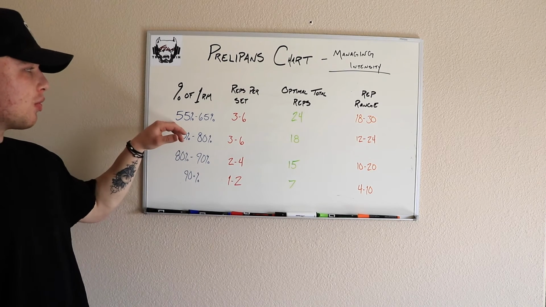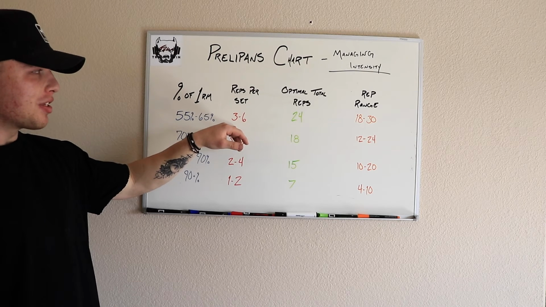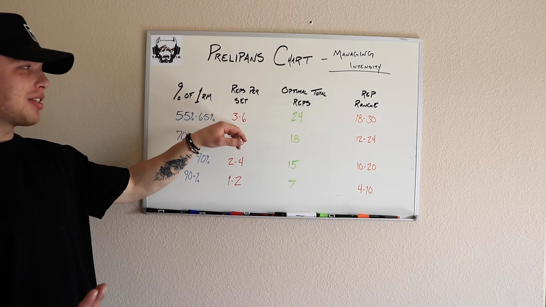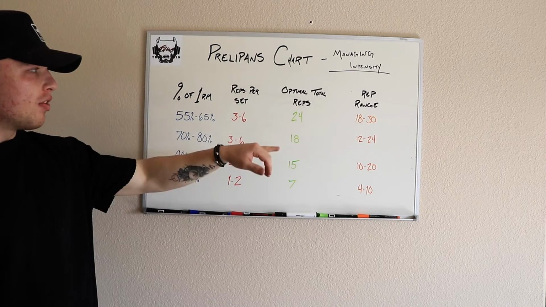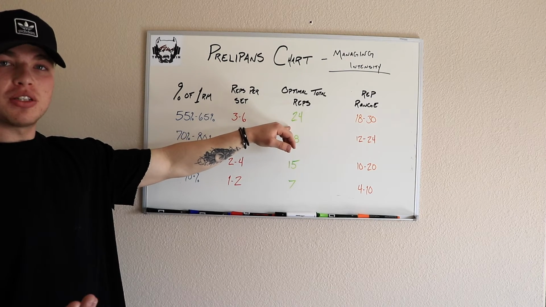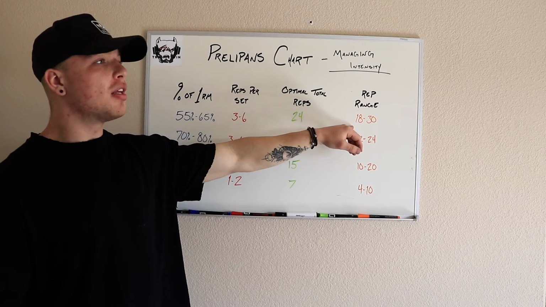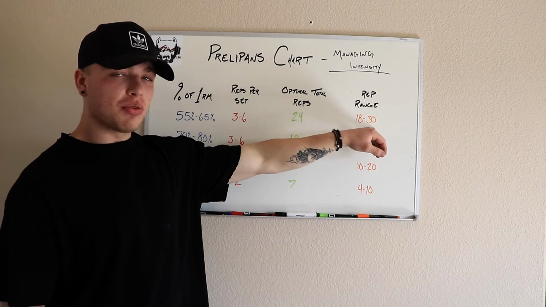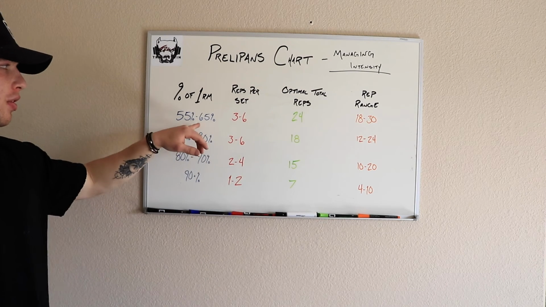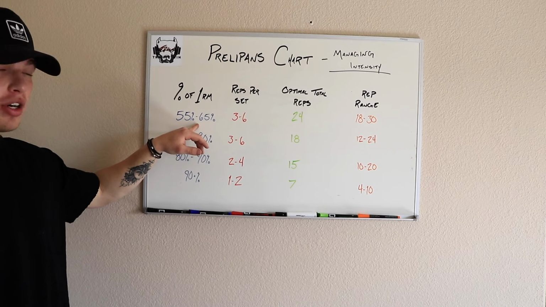If we're working with some lower percentages, typically we want to be working about 3 to 6 reps per set for a total of 24 reps. So for example, this could be 4 sets of 6. And there is an optimal range. As long as we're within 18 to 30 reps, we can manage the recovery demands within a 55 to 65 percentile range.